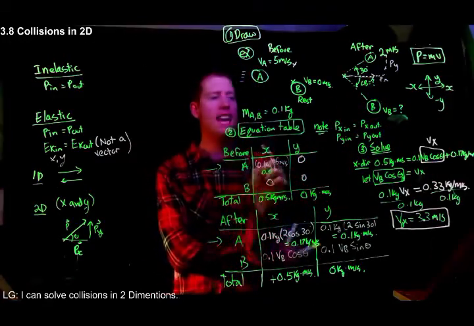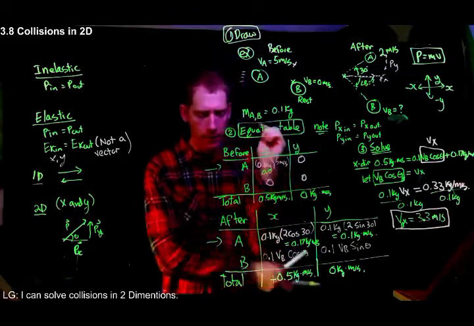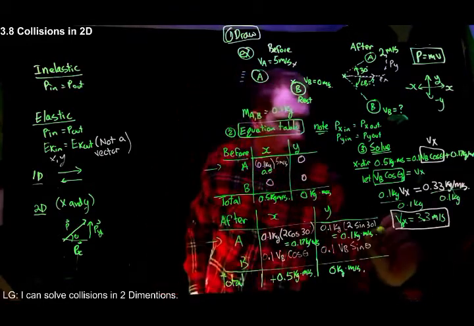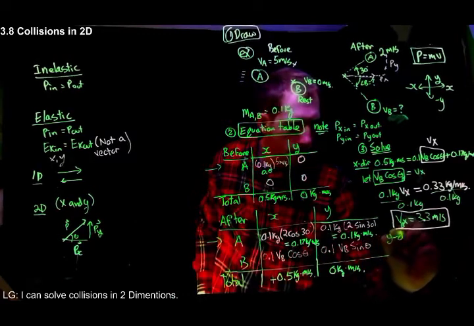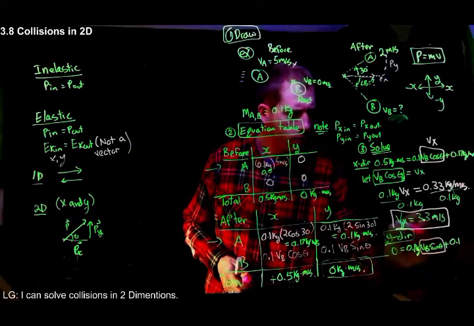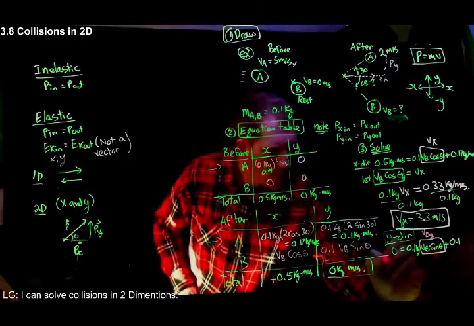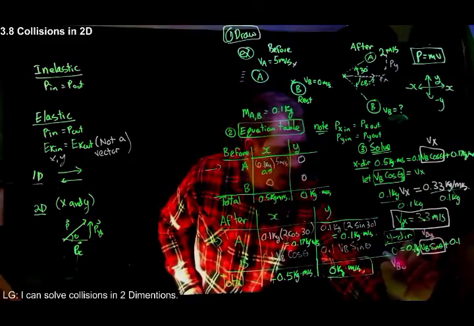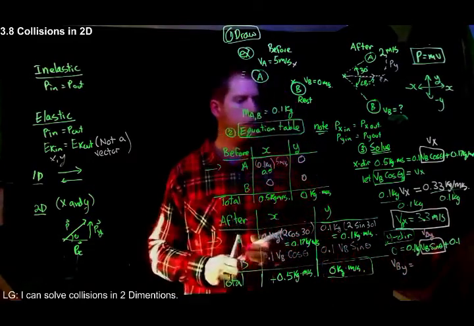We're going to use the same idea now in the y direction. In the y direction, VB sine theta is equal to the VBY. So therefore, VBY will be equal to what?